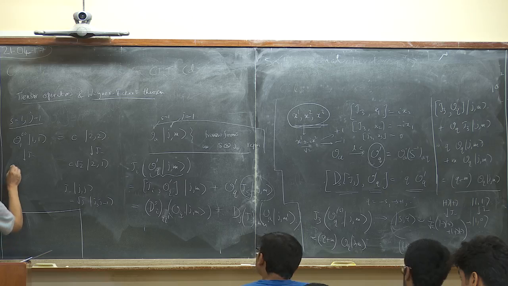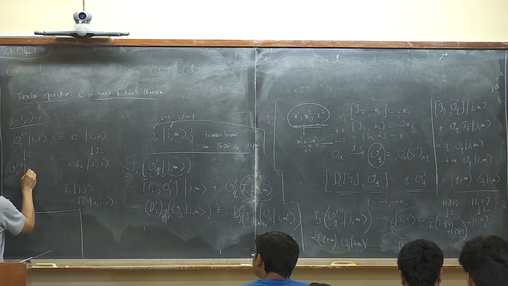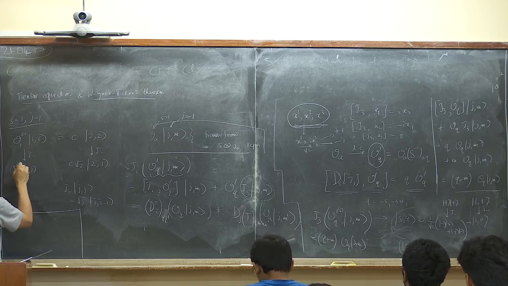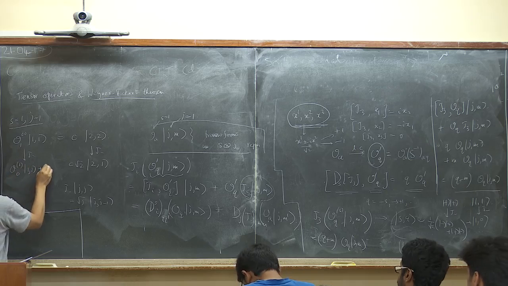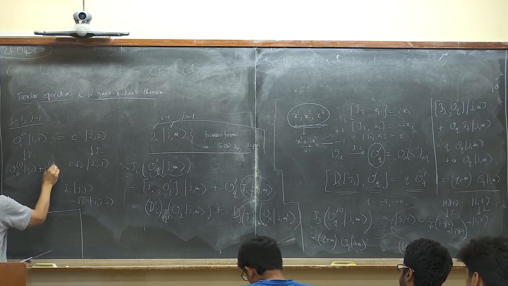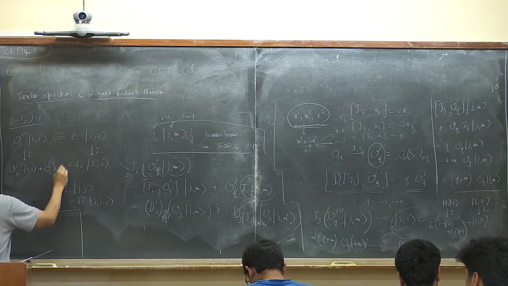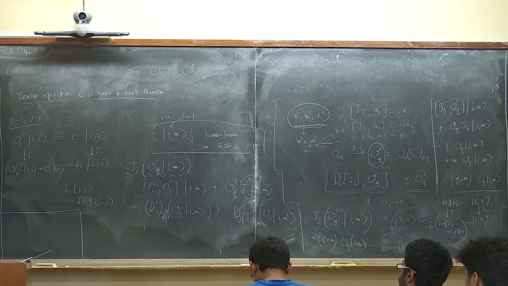So as a result, what I get is this. Nothing happens here. And the M value of the operator becomes 0, and the other term is this is 1 and this is 0. Okay. So this is equal to that.